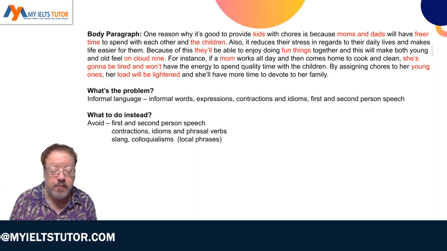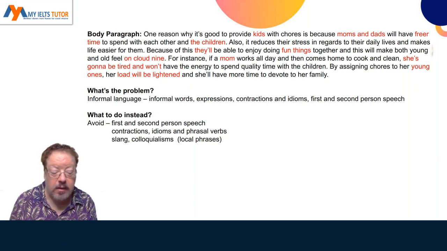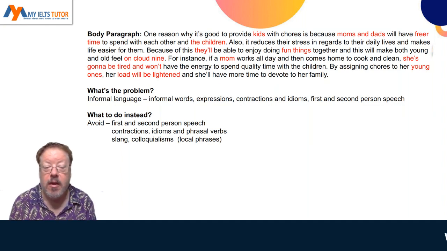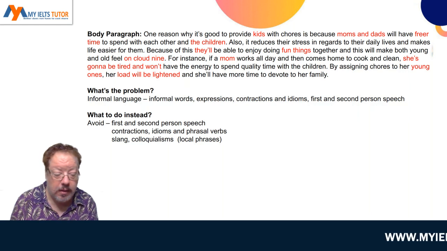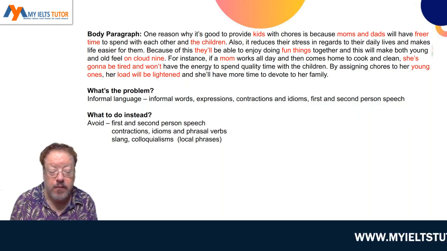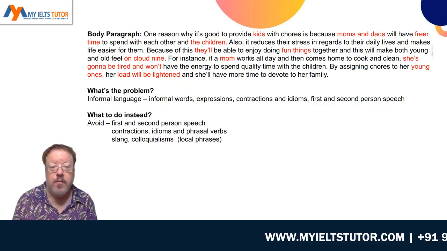Well, it's a matter of avoiding first and second person speech, avoiding contractions, idioms, and phrasal verbs. However, some phrasal verbs are used in writing, but not all. And then we definitely want to avoid using slang and colloquialisms, which are local phrases. So that's what we want to avoid.